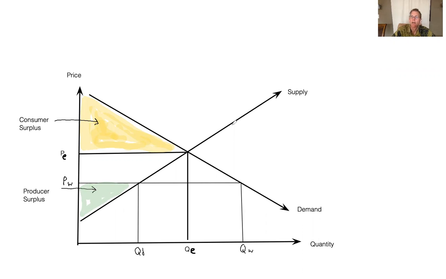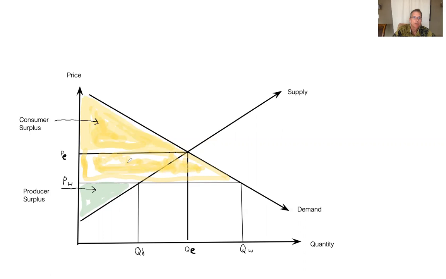On the other hand, for the consumers in the country, this is great because now their consumer surplus extends all the way down to there and all the way out to there. So all of this becomes new consumer surplus with trade.